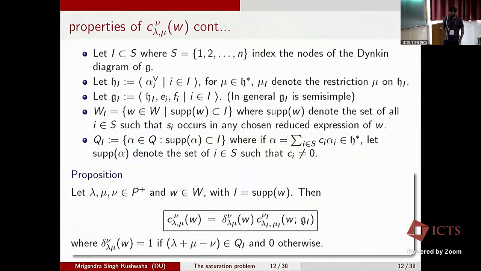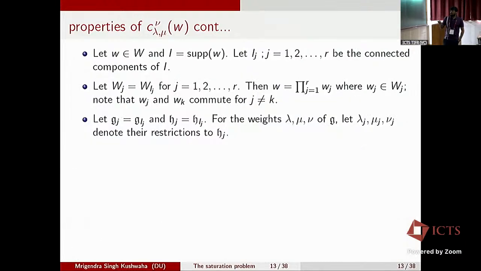This delta lambda mu nu W is 1 if lambda plus mu minus nu is in Qi, otherwise it is 0. This term comes from a technical reason: sometimes this can be 1, but we cannot arbitrarily extend anything new, so we have to put this condition, that it should be in the root lattice.